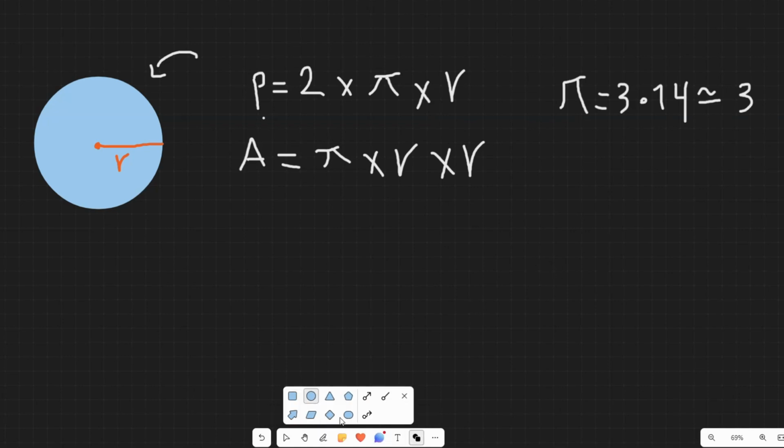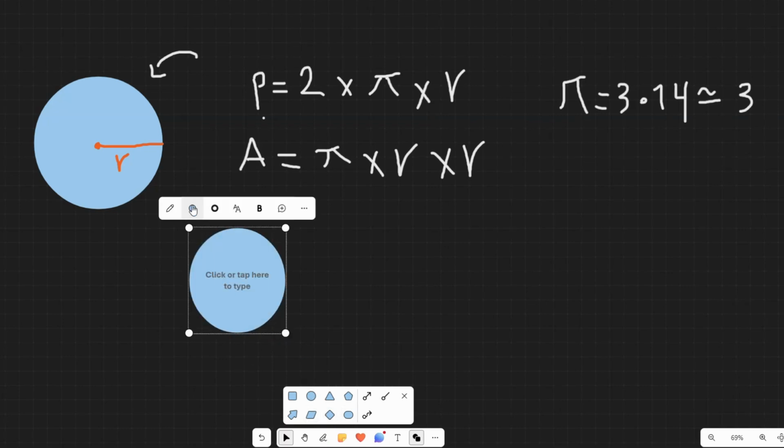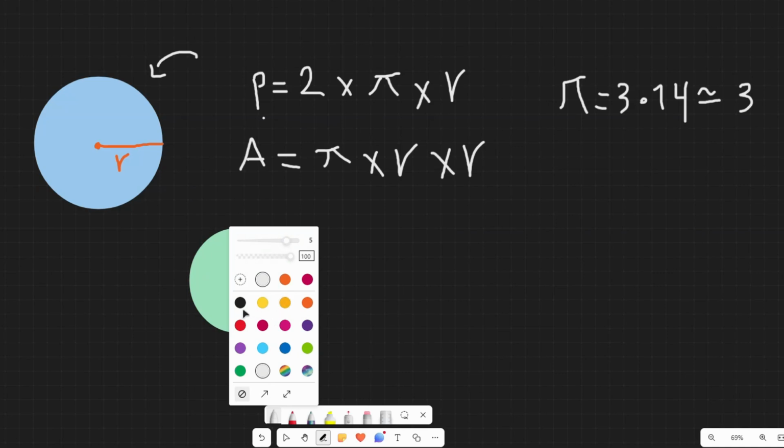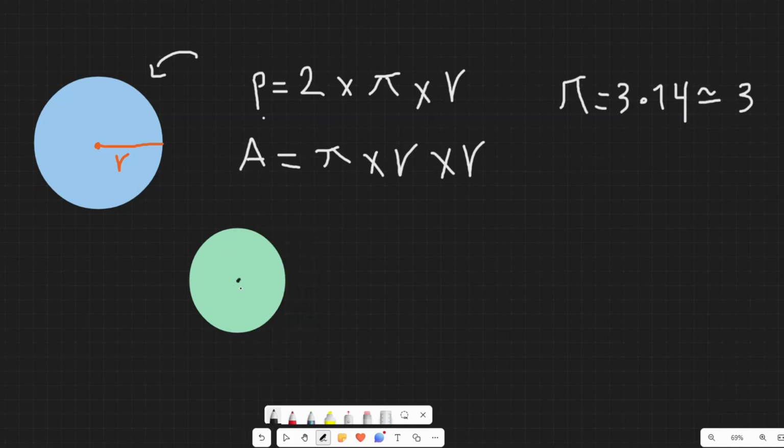Now imagine that we have another circle, maybe like that. I'm going to change the color of this one. Let's say we have another circle like this. This is the center of the circle. This is the radius r. This time, let's say r is equal to 2.